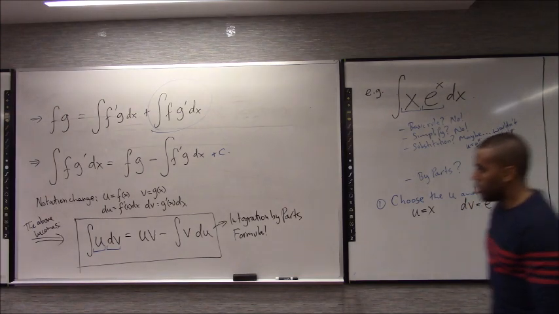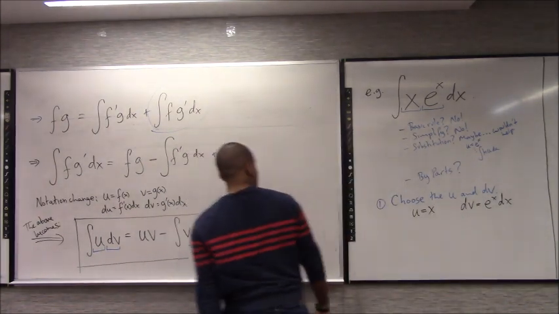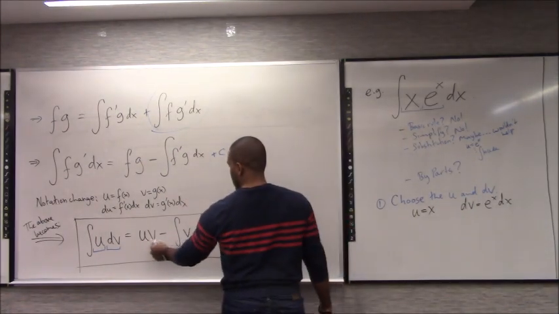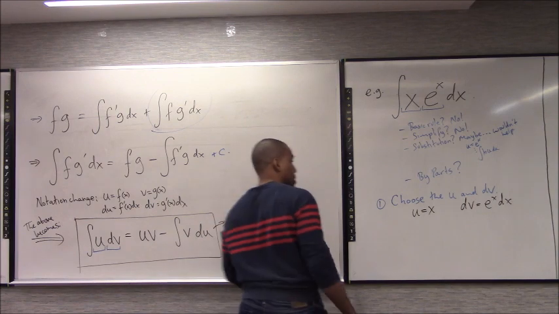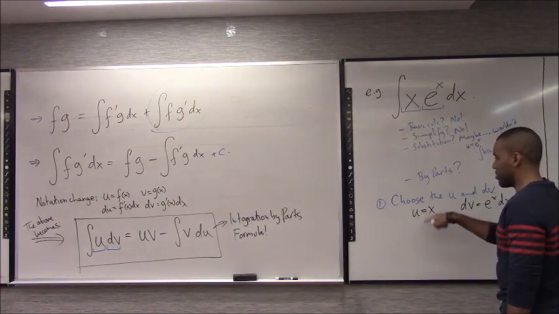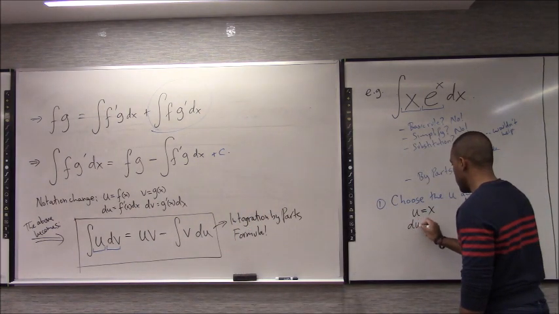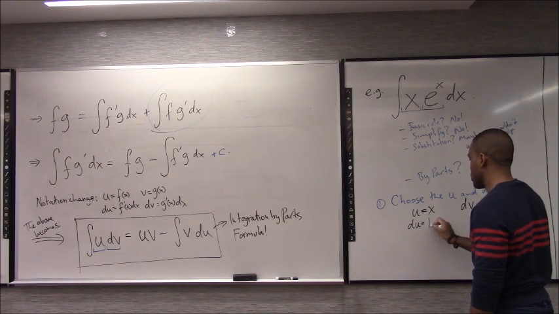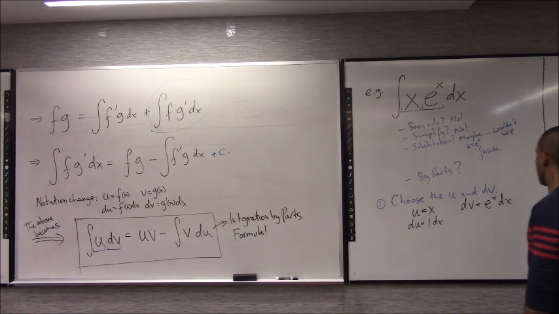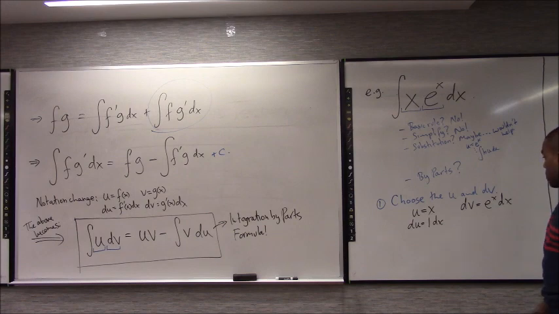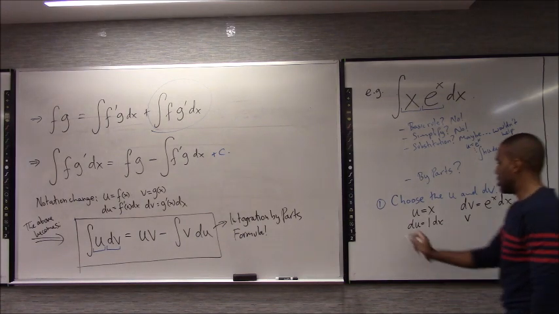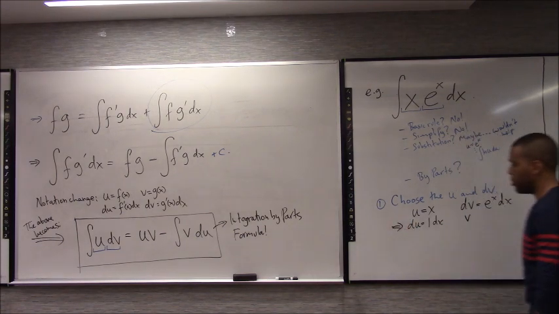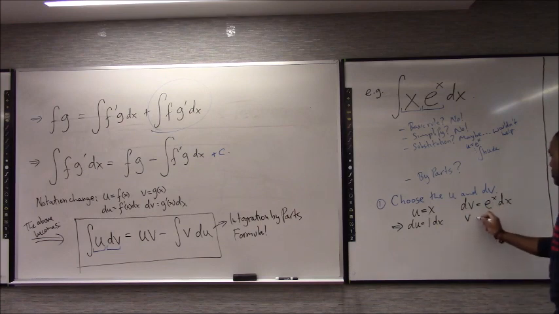Okay? So I've chosen the u and the dv, which means now I need to know the du and the v. Which means I'm going to have to differentiate this. So du would be the derivative of x, which is just 1, dx. And I'm going to integrate this one. So after making the choice, I compute the derivative and the integral respectively.